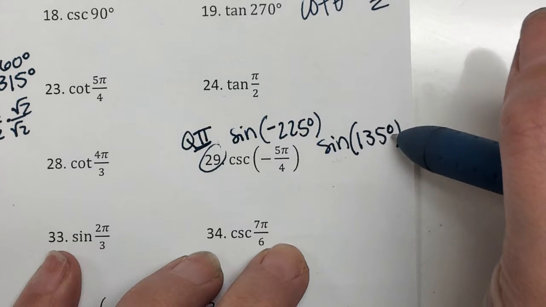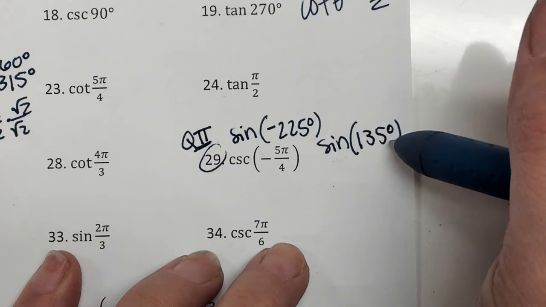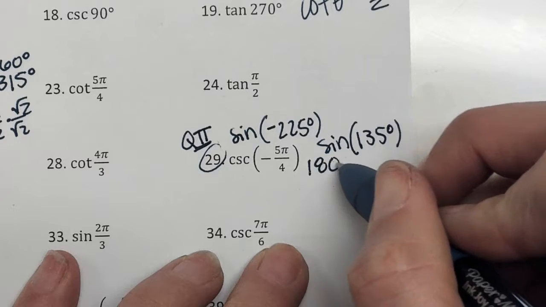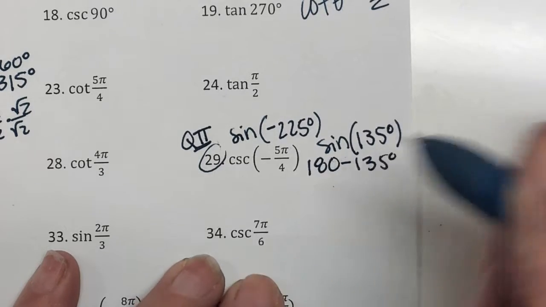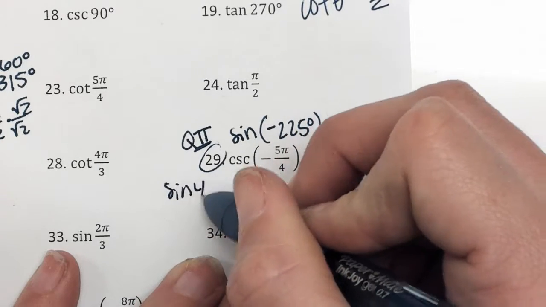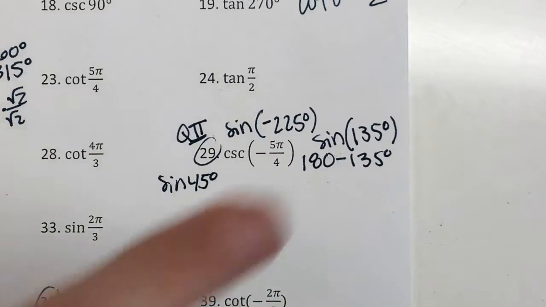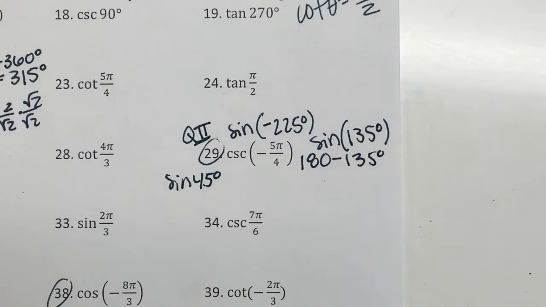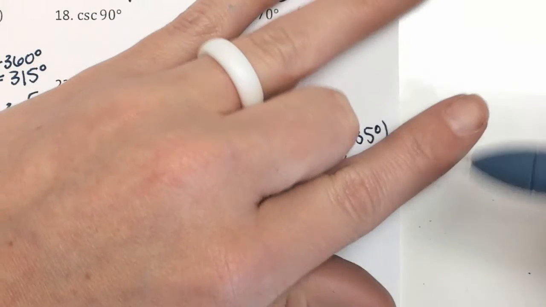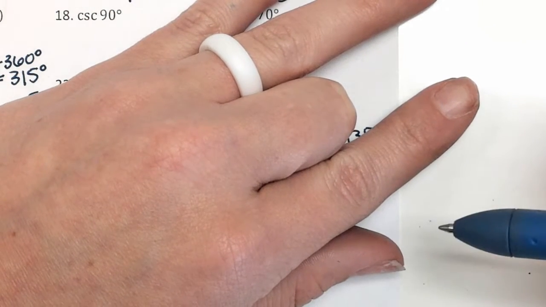And the reference angle, you would just subtract this from 180, correct? So the reference angle is what? Alright. So sine of 45 degrees. We're going to find it, and then of course we need to swap it. So sine of 45, that's your middle finger. And sine's on this side. So sine of 45 is what?